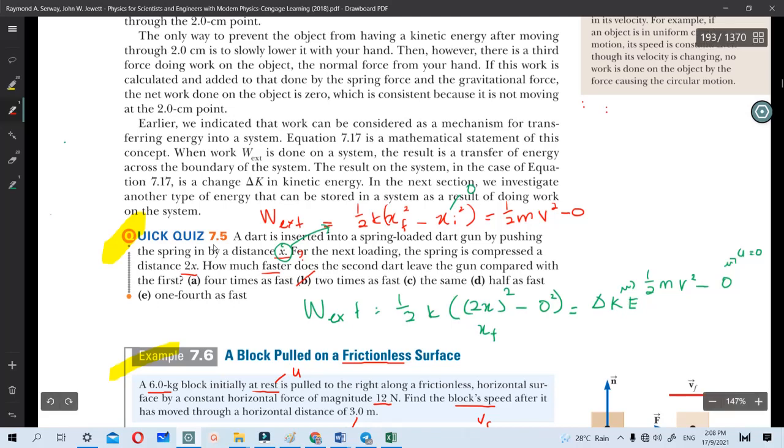So we are going to divide these two expressions. How to divide? Just take the final. Usually I am tempted to put it this way: half k for x squared, equivalent to half m v. I'm going to put it as 2x so that we don't get confused.